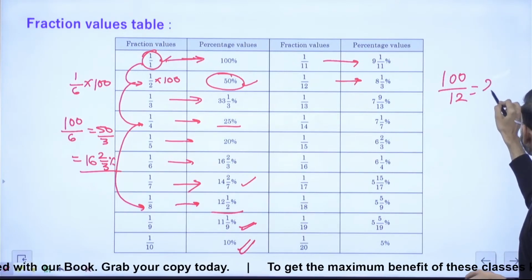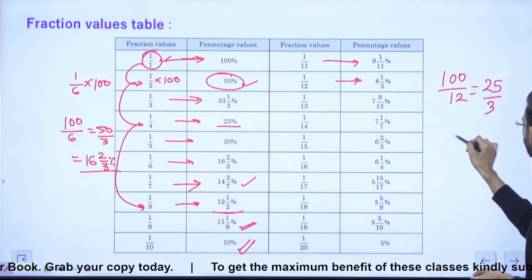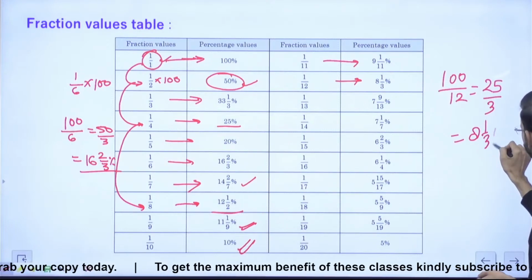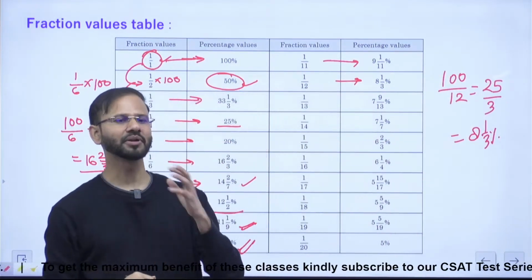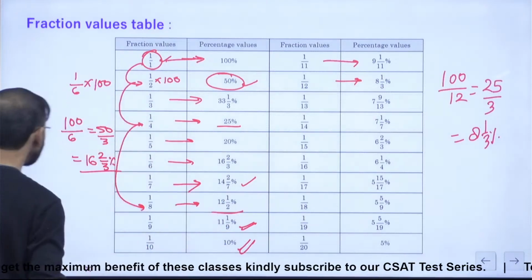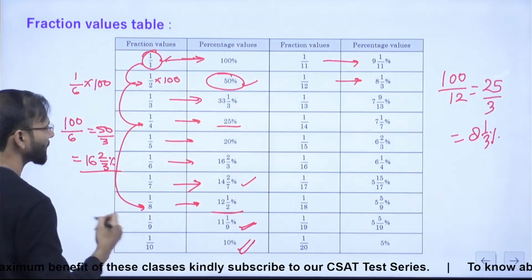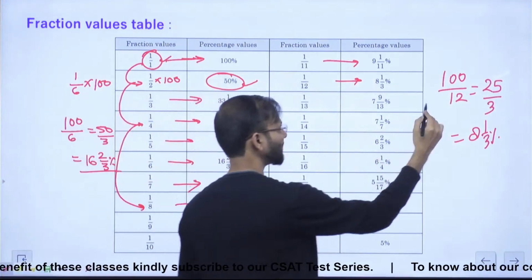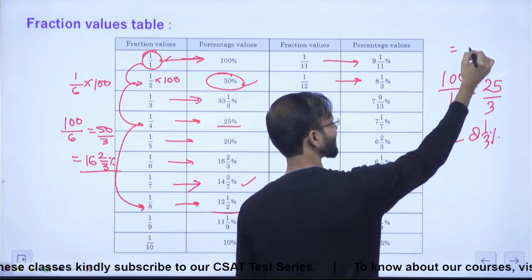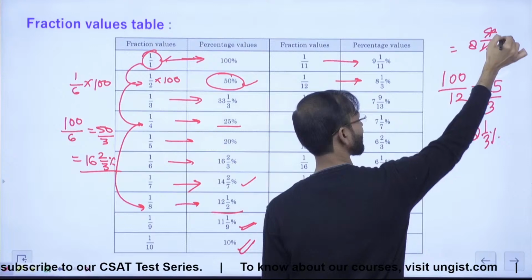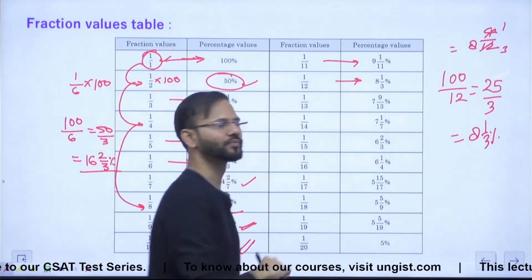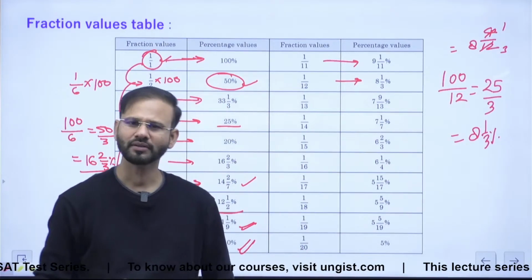So this is 25 by 3. This is 8 1 by 3%. Everyone fine now? 1 by 12 is 8 1 by 3. Or simply you can think about it like, 100 by 12. So 12 8s are 96, right? 8 4 by 12. So this is 1 by 3. Everyone fine now? Okay. Right?